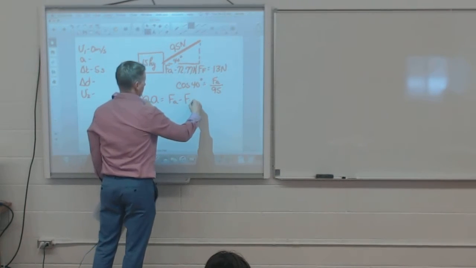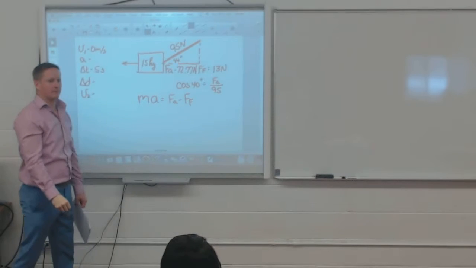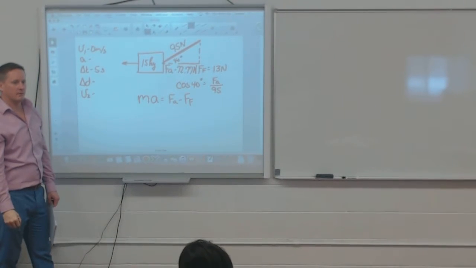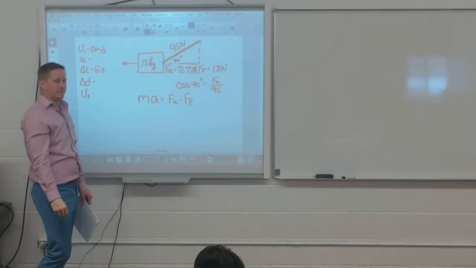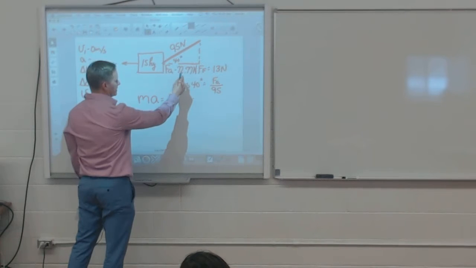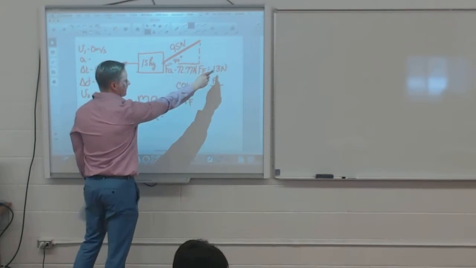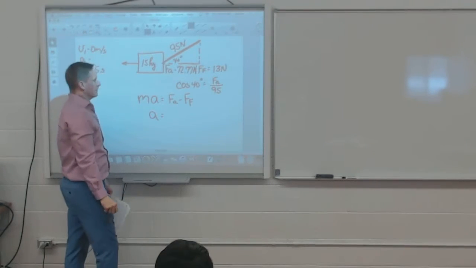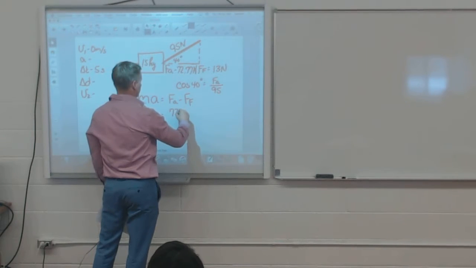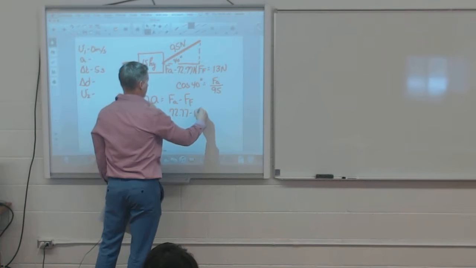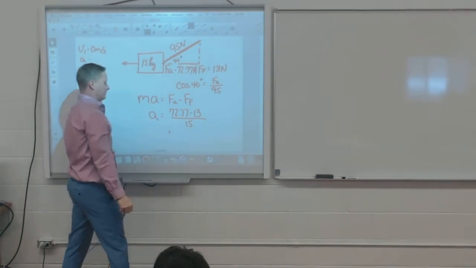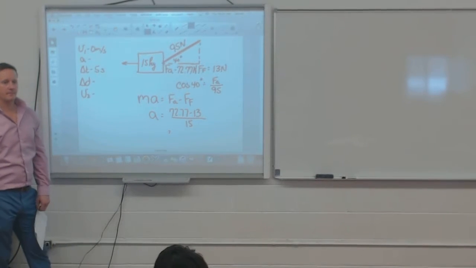Does that look familiar to you, Morgan? Yes. So my acceleration is 72.77 minus your 13, and you divide that by 15. 3.98.